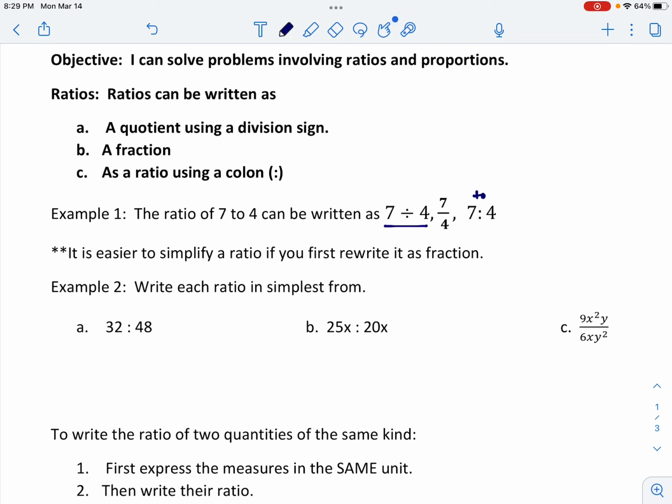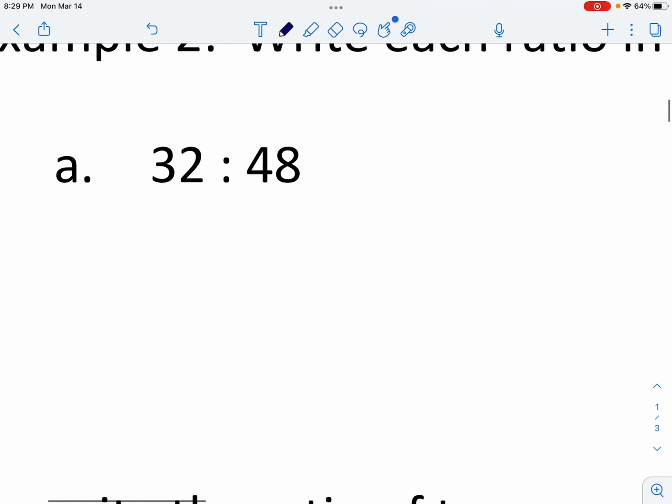So for the first part, the example 2, we're going to write each ratio in simplest form. To do that, it's easiest to write this as a fraction. So I'm going to write 32/48. And anytime we have fractions, we always have to do what? Yes, simplify the fraction.